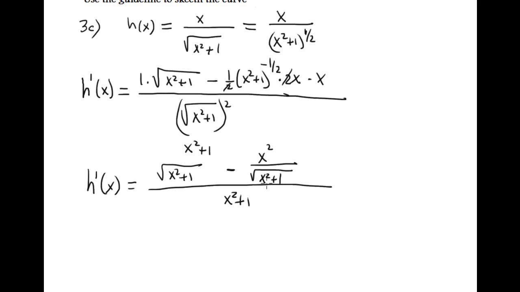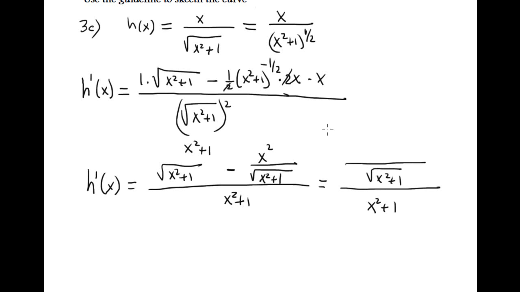Now you put it together, condensing into only one common denominator, radical x squared plus 1.